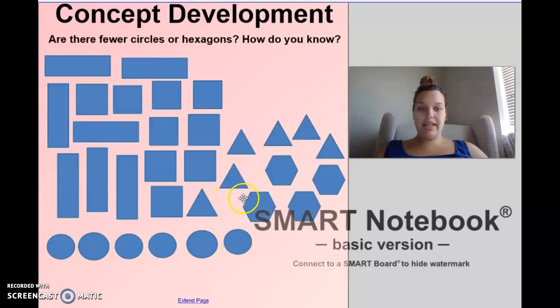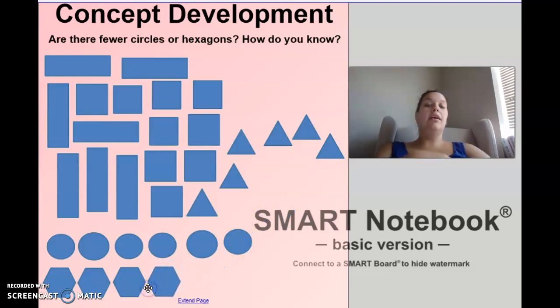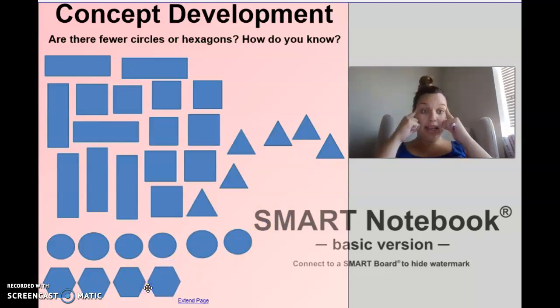Yeah. I need the hexagons. Okay. Look and think.